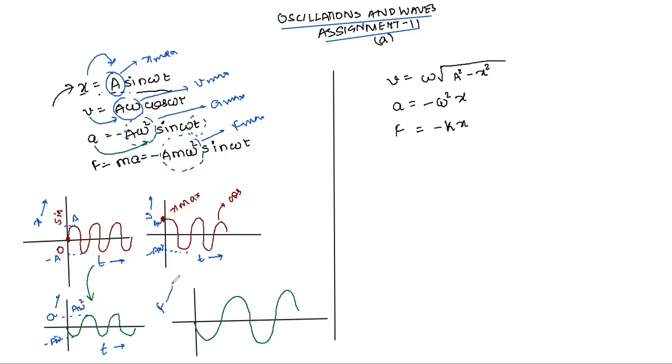Yes, ma omega square. So we'll write the same here. So this value and this value are going to be ma omega square and minus ma omega square, right? Between this, the force is varying with time and it is a negative sine graph.